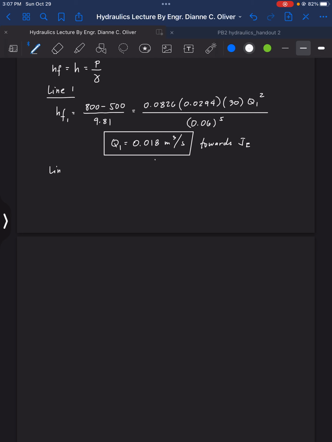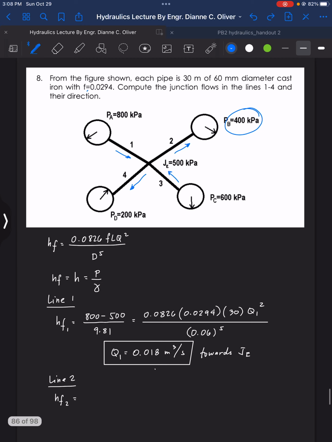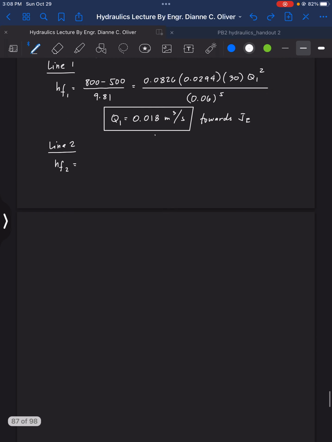Let's go to line 2. So HF2 is equal to, that is 400 and 500, so the difference of the pressure, 500 minus 400 all over 9.81, equals 0.0826, 0.0294, 30 Q2 squared all over 0.06 raised to 5.